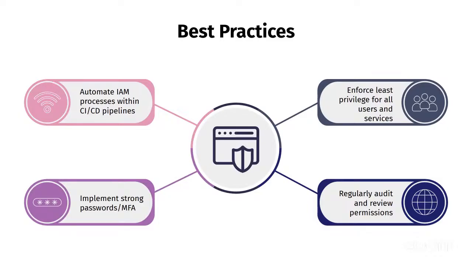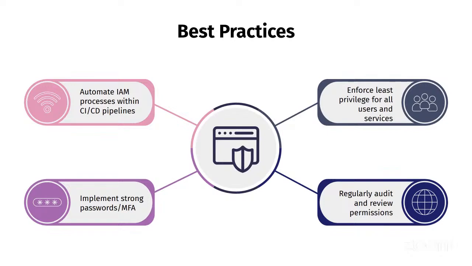Some of the best practices, there are lots, but let's just speak to four. One of the best practices is to always automate IAM processes within CI/CD pipelines. So you can attach these policies to your Terraform code and trigger your CI/CD pipeline.